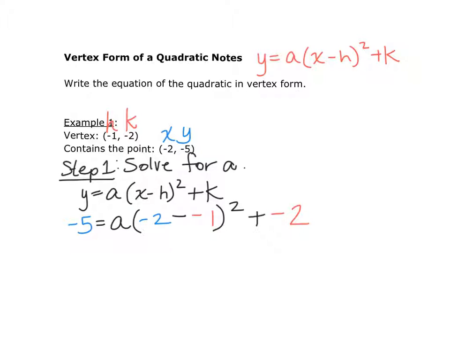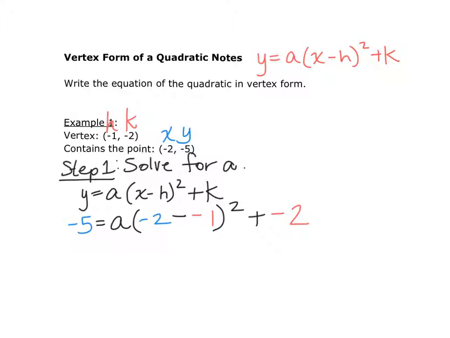All right, then we're going to type in just like it looks, -5 equals. I need everyone to pay attention to this part. This is very important. A, and you actually have to type times because your calculator is not very smart. Open parentheses, -2 minus -1 squared.